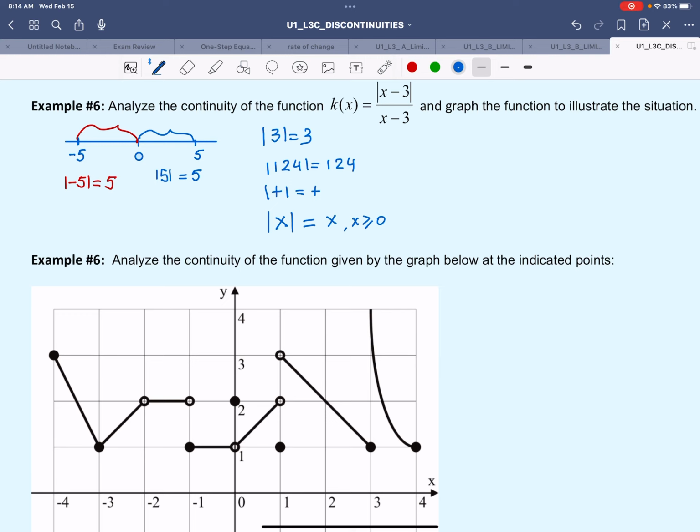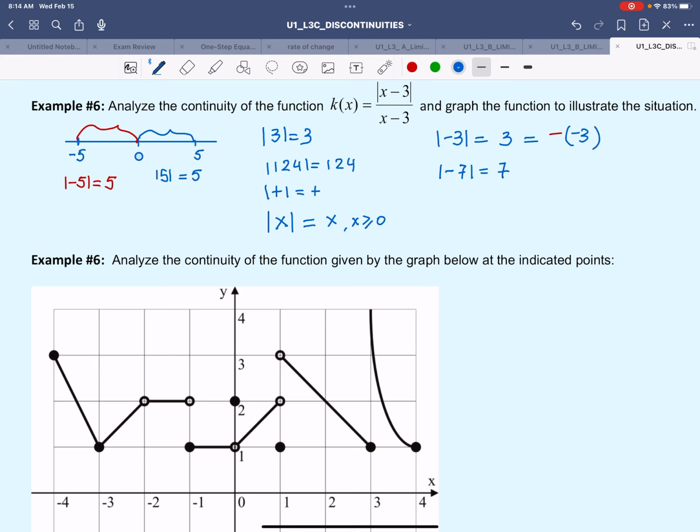However, when we talk about the absolute values of negative numbers, for example, the absolute value of negative 3, the answer is positive 3. The absolute value of negative 7 is equal to positive 7. So as you can see, the absolute value of a negative number doesn't equal itself, but rather the opposite of itself.